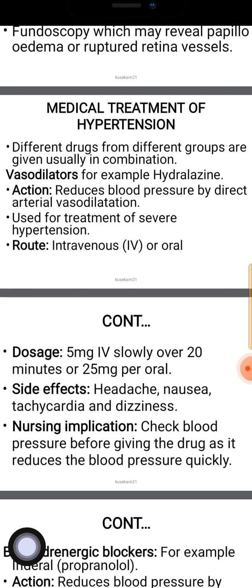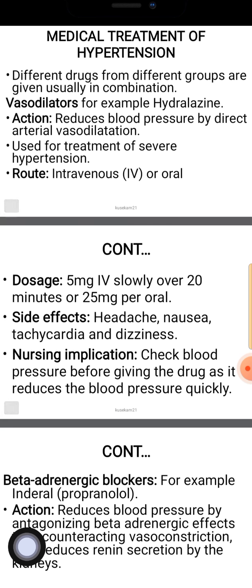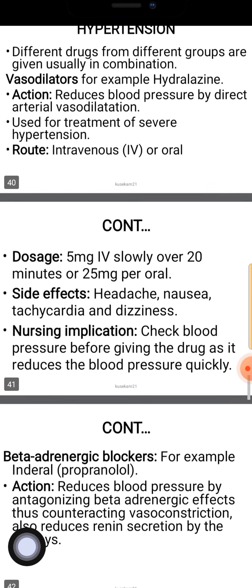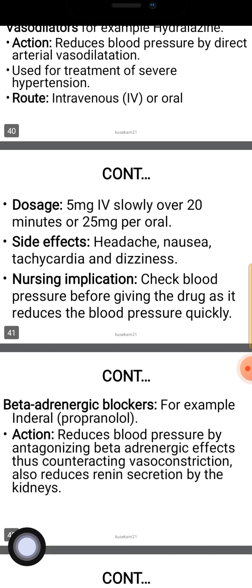So it's used to treat severe hypertension. So hydralazine you can use to treat severe hypertension, which should be administered through IV or oral. Then the dosage is 500 milligrams IV, slow over 20 minutes, or 25 milligrams oral.